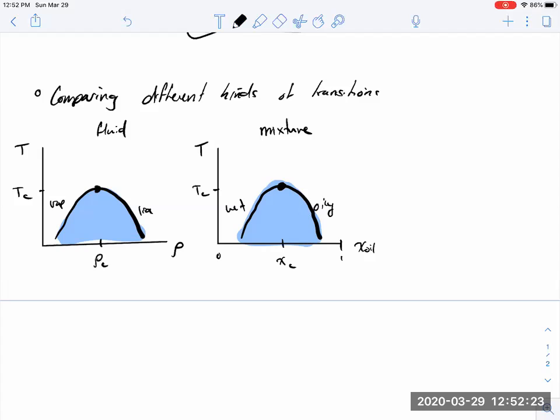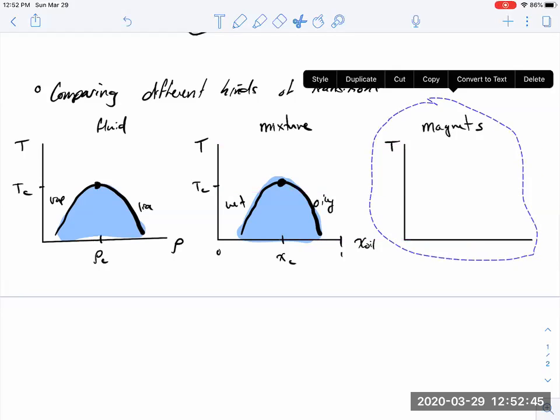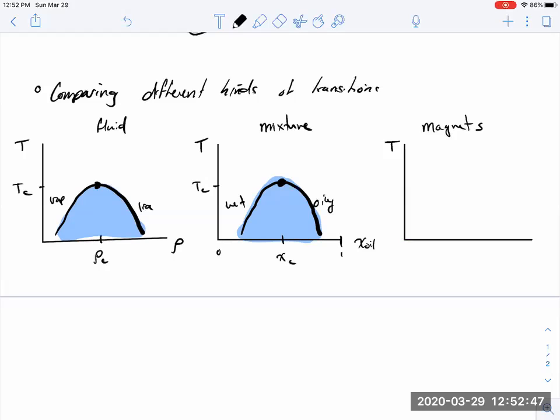Now, another sort of transition which has similar sorts of features, which we haven't talked a lot about, is that associated with magnetization. That's not one that's brought up in chemistry as much as it is in physics, but one could think about it in a similar sort of way. So a magnet, the order parameter for a magnet is its magnetization.